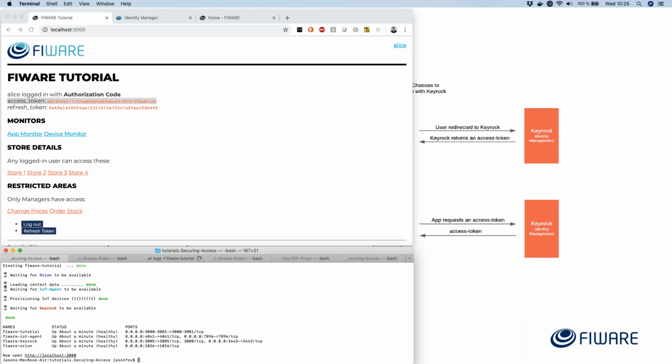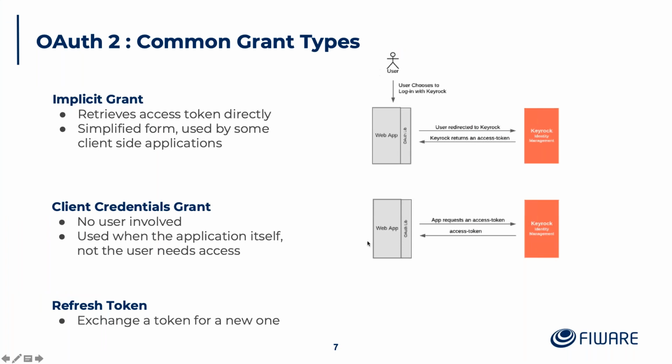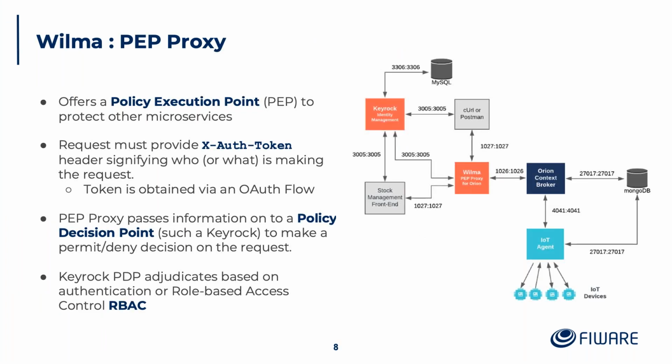Fine. So let's move on. We can secure the application either directly with our application, or we can actually use a PEP proxy. To begin with, we'll just deal with actually talking between the application itself.